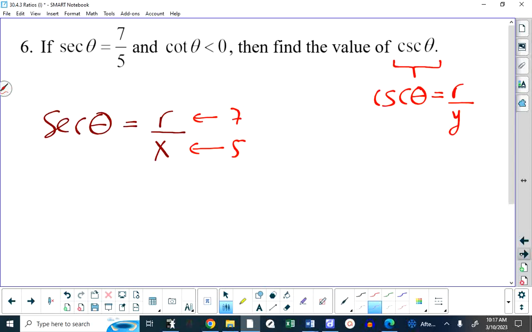Cosecant, which is what we're after, is the reciprocal of sine. Sine is y on the top, r on the bottom, so I flip that over. But clearly what I'm missing is y, and this is not a long-winded question. I just need to know what y is so I can put it over into what I wrote in red. And I have this relationship, which is always true.